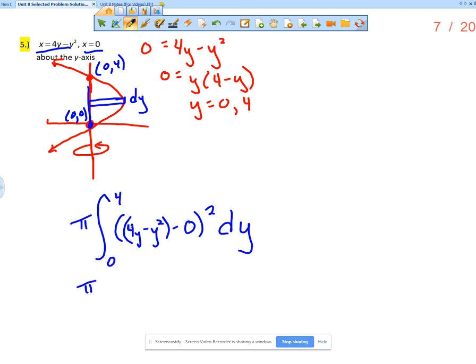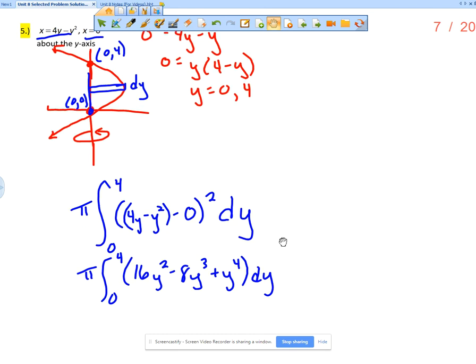I have pi times the integral of 4y minus y squared minus 0. The minus 0 doesn't do anything, so to evaluate, I'm going to multiply that out. I get 16y squared minus 8y cubed plus y to the 4th, with respect to y.